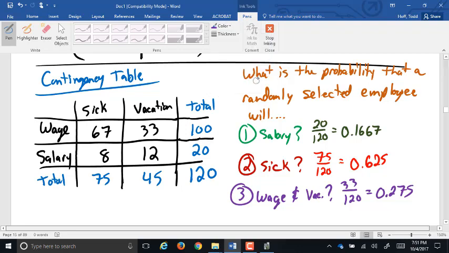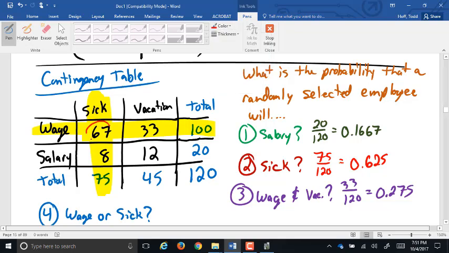What is the probability that a randomly selected employee is on wage or uses their time for sick? So now here, with or, here's wage, here's the ones that use their time for sickness. It can be either one of them.